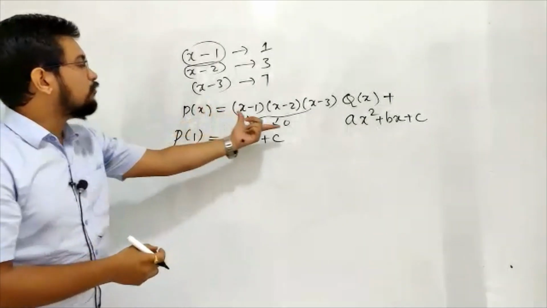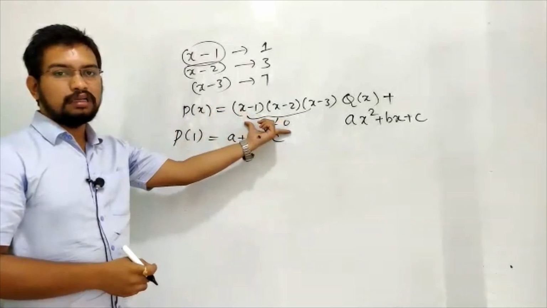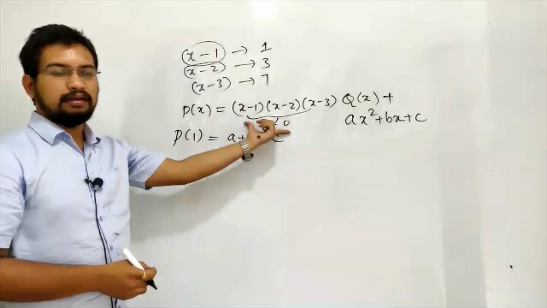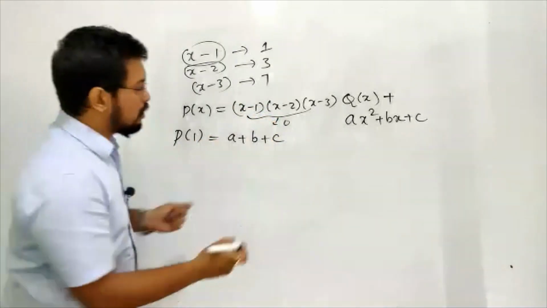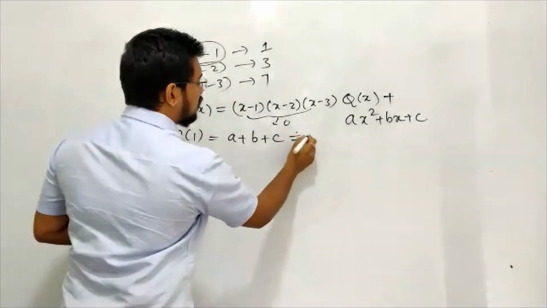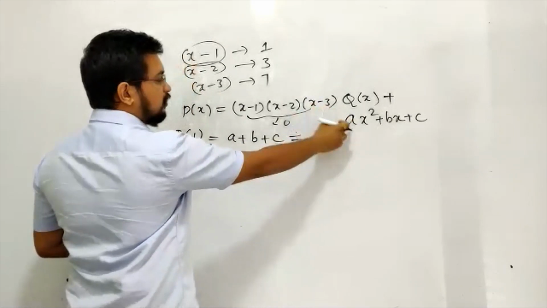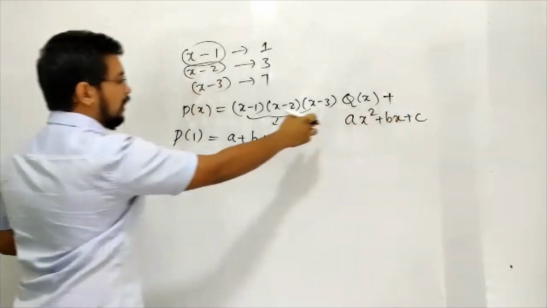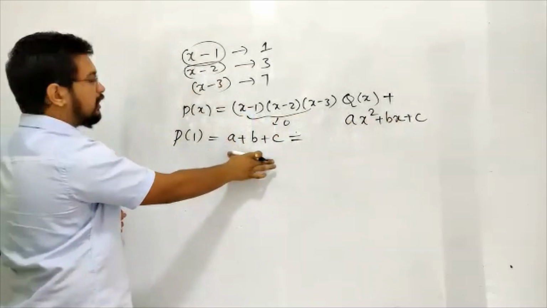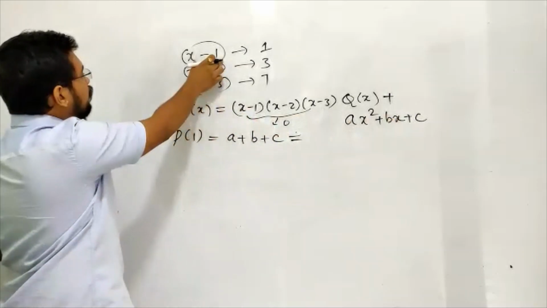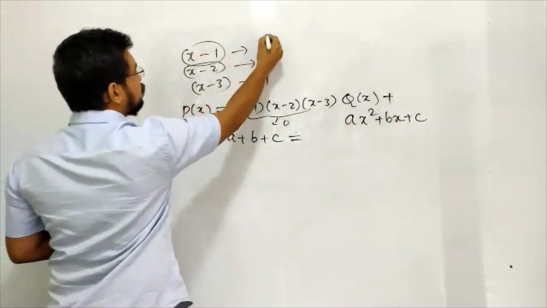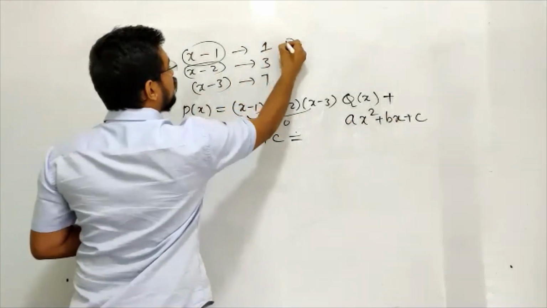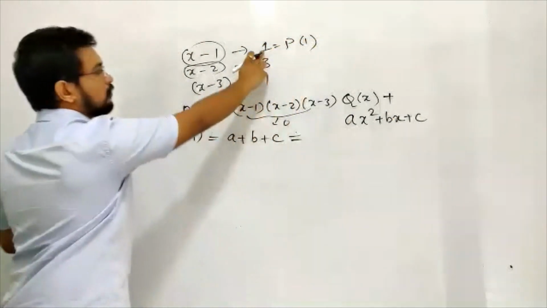Is it clear? Because 1 minus 1 is 0 on this side, and what you get is a plus b plus c, whatever is obtained, that is p of 1. Here the remainder is 1, so this value is nothing but p of 1.